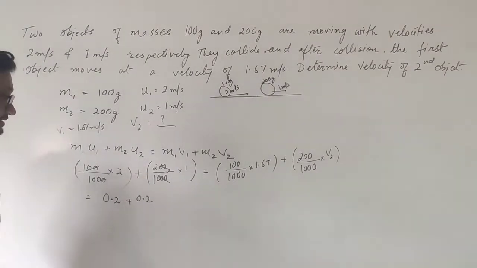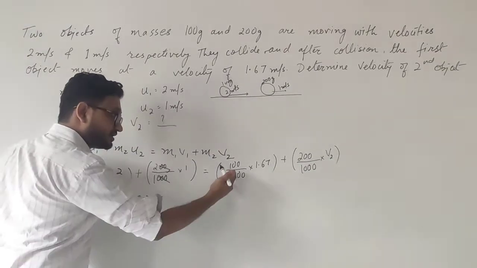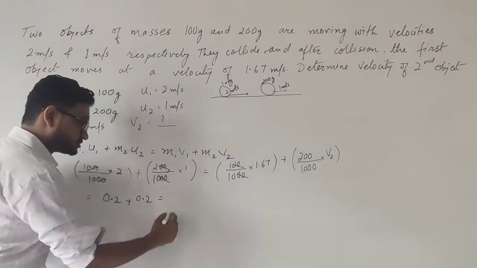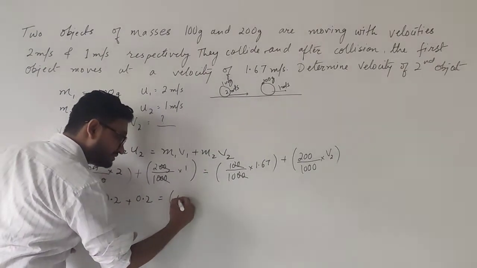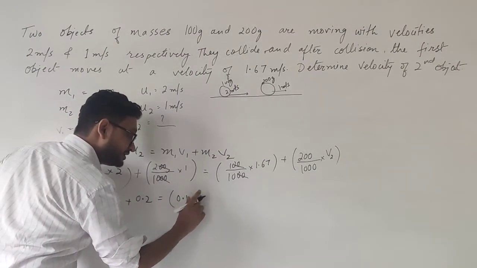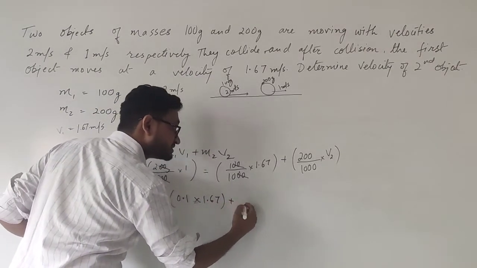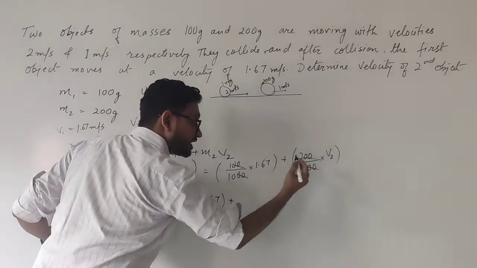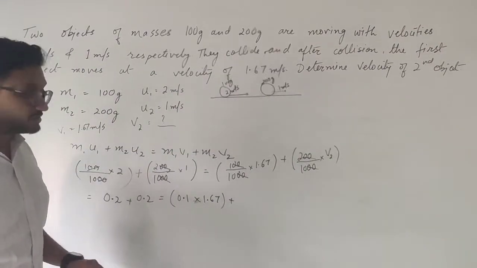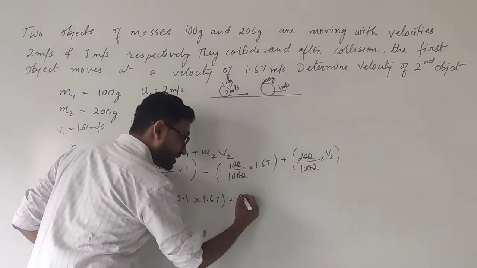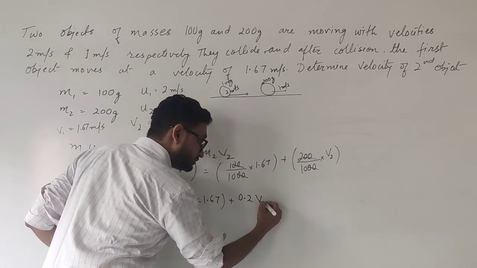Quite simple. Over here, the same thing. 100 upon 1000, two zeros get cancelled. So what we have over here is 1 upon 10, that is 0.1 into 1.67 plus 200 upon 1000. Once again, removing the two zeros, we have 2 upon 10, that is 0.2. So I am writing 0.2 into v2.